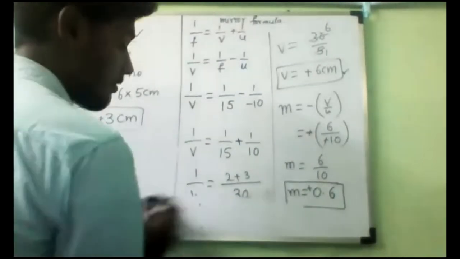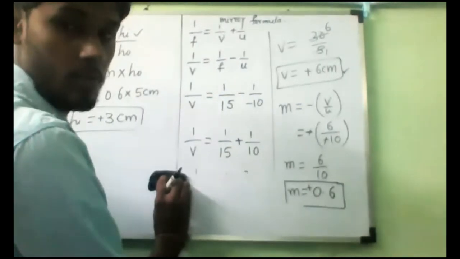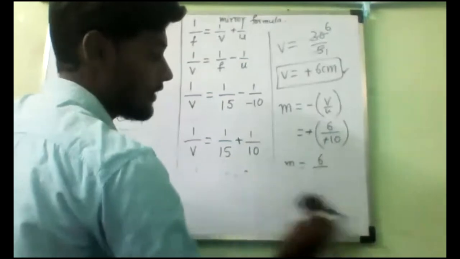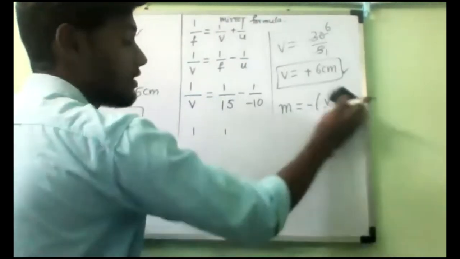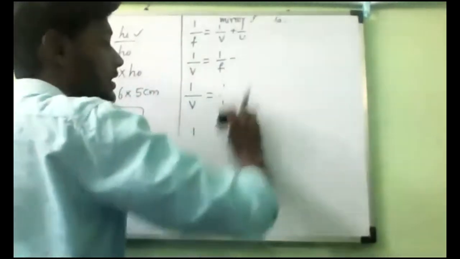Sir, I have a doubt. Ask me. Sir, for all sums, do we need to find magnification also? Whenever they ask for position and nature, you have to find magnification. Whenever you see the word magnification, you must find it.